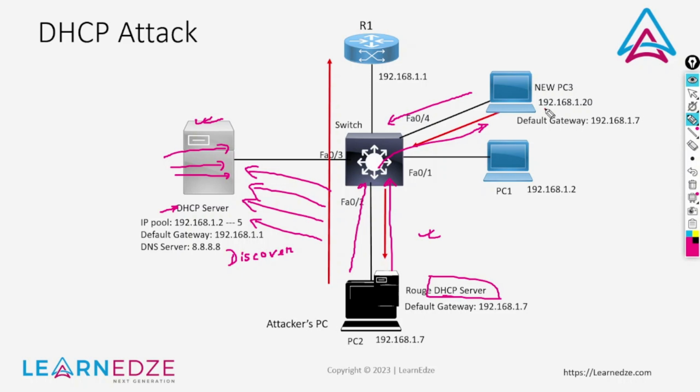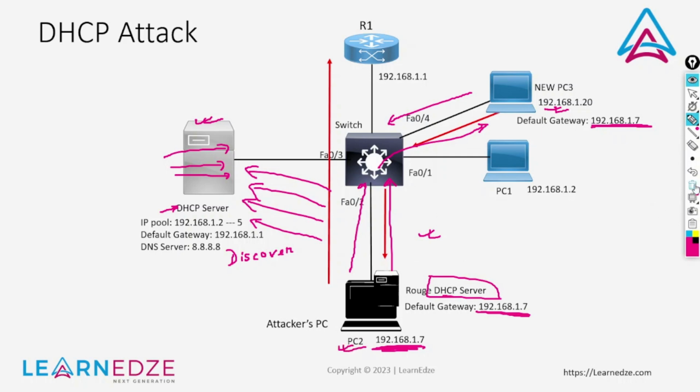The attacker's rogue DHCP server will assign the default gateway IP address as the attacker's PC's IP address. That means the new PC's default gateway will become 192.168.1.7, which is nothing but the attacker PC's IP address.